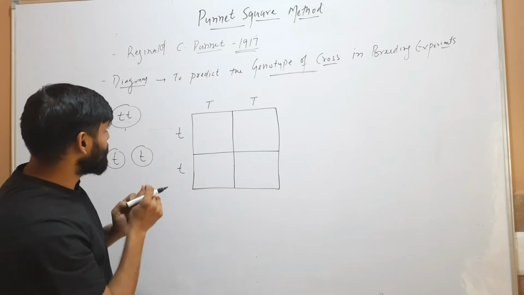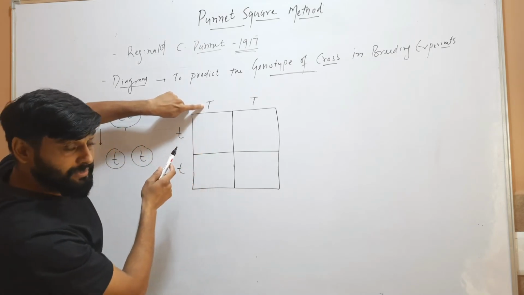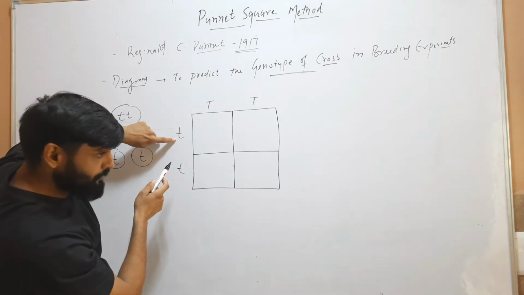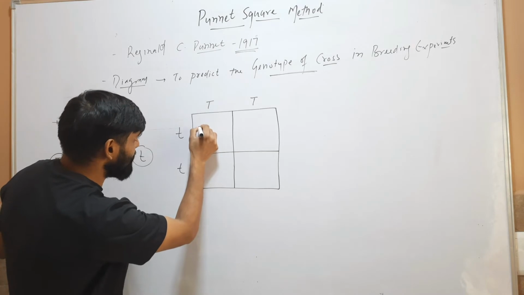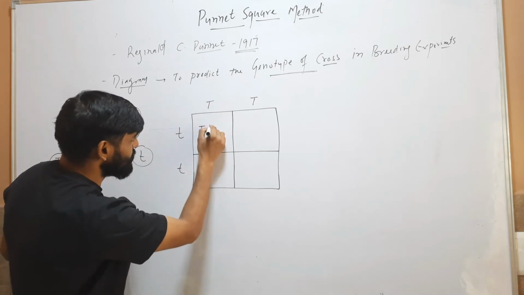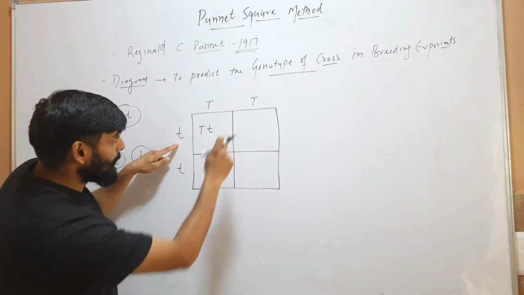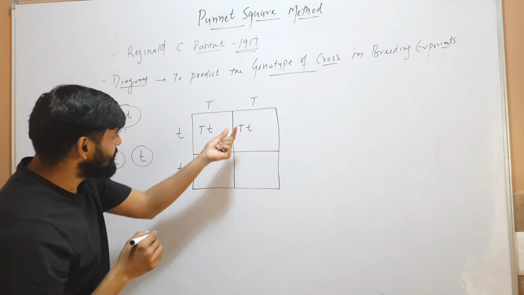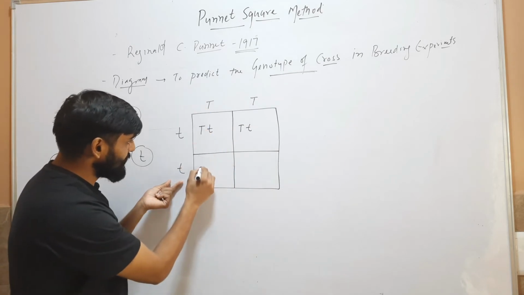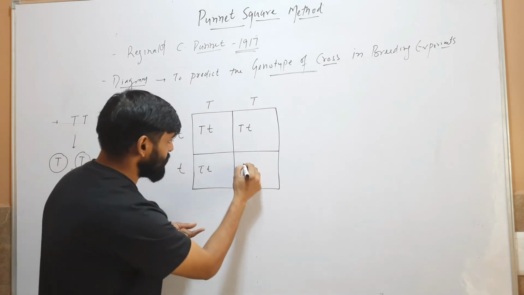And what will the genotype be? I will take one gamete from the upper side of that block and one from the left side of that block. So here will be capital T from this side and small t from this side. In that block I will write capital T from the upper side and small t from this side, similar to this.